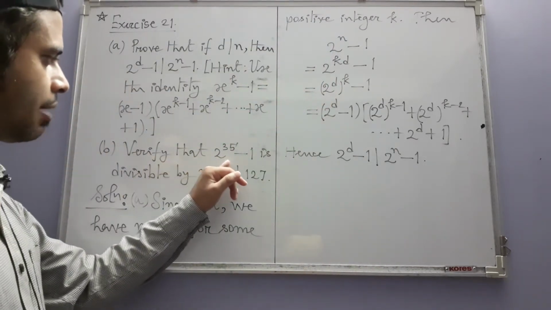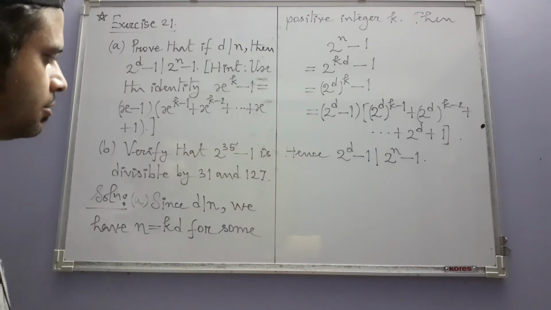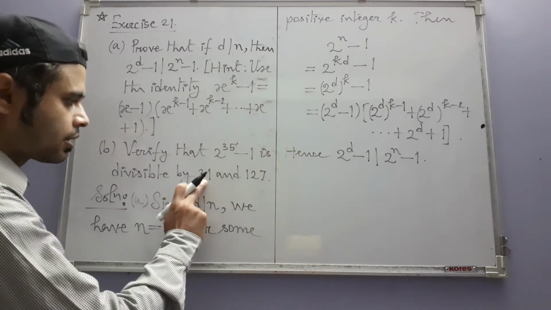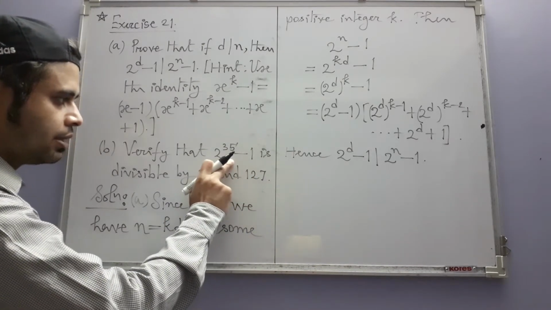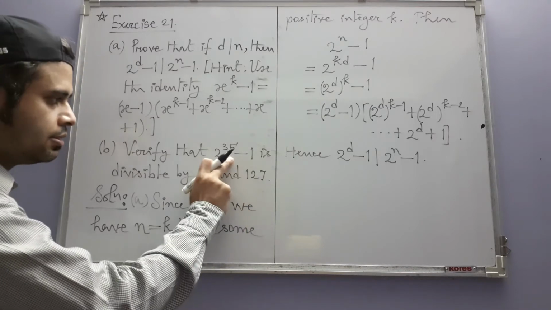Now you apply that part A here and prove that 31 and 127, both of them divide this integer.